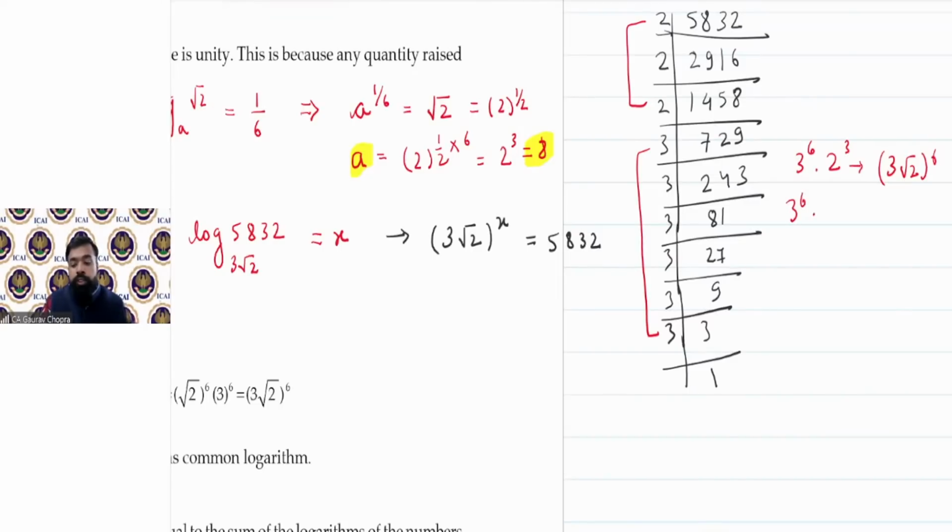Because this is 3 to the power of 6 and this is root 2 to the power of 6. Both have the same power. So 3 root 2 has the power 6. And here it is 3 root 2 to the power of x. Now the base is the same, so powers are equal. Therefore, the value of x is equal to 6.